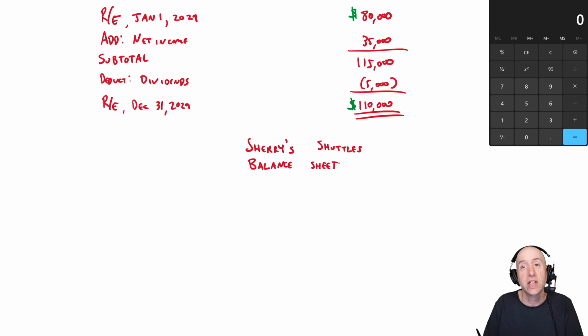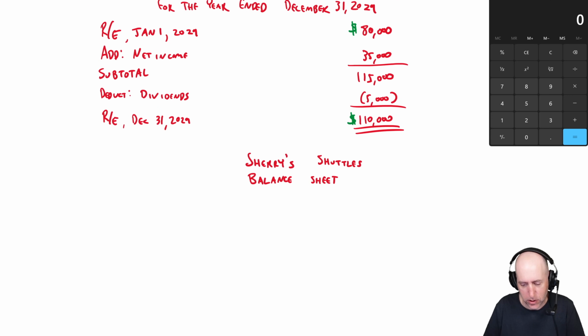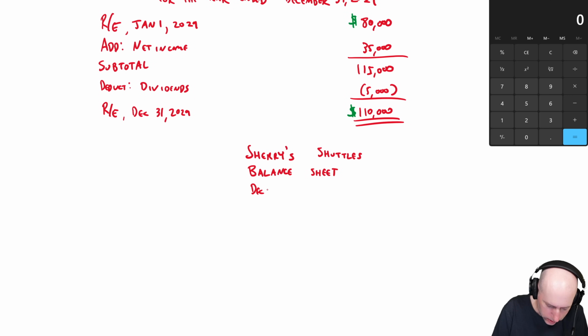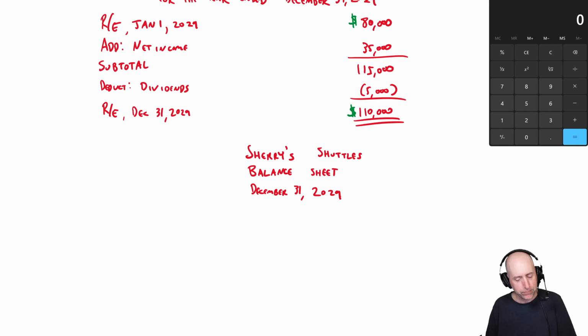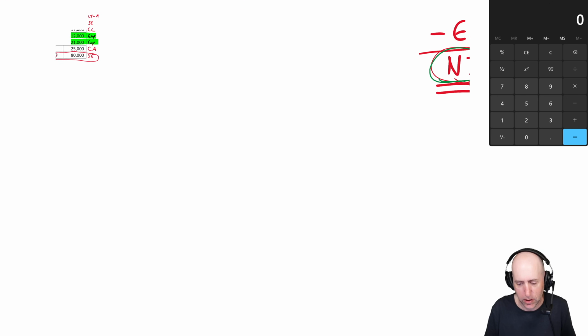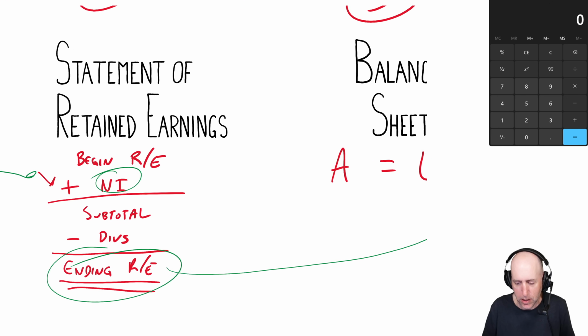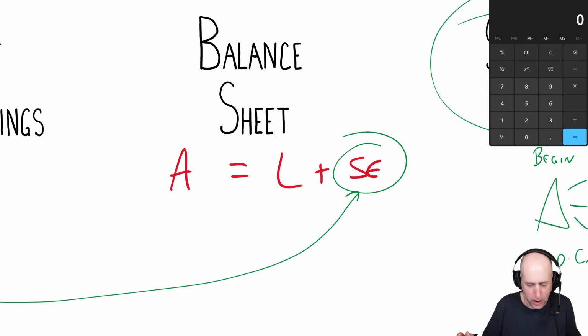Balance sheets just get dated, and sometimes you see them dated as at or as of. We're just going to date it, though. December 31st, 2029.